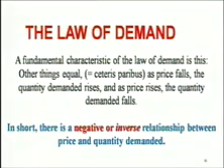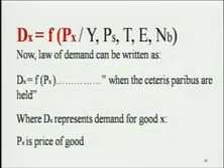In other words, there is a negative relationship between quantity demanded and price, because these two variables, demand on one side and price on the other, move in opposite directions. In economics we say demand depends on price. When price goes up, demand for that particular commodity or service goes down. That means we call it a negative relationship or inverse relationship.